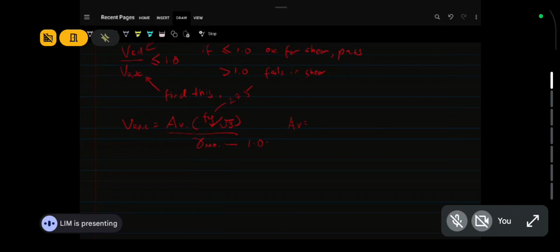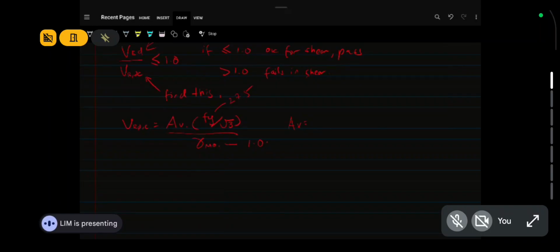Okay, so you open up that file, the beam design PDF file. You double check the formula for VRDC. Is it correct? You look for the shear design part. Correct, right?